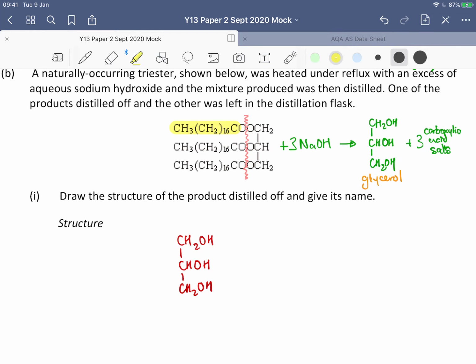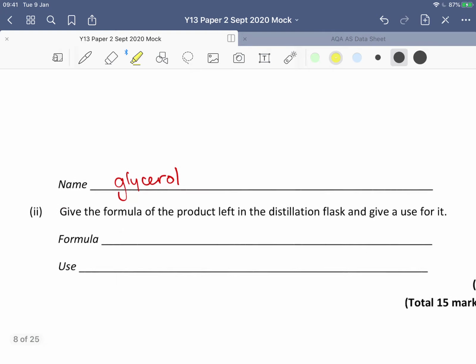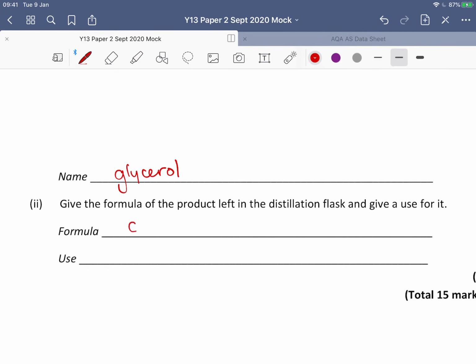You've got to see that CH3 and then 16 CH2s. You've got to remember that. So when we do the formula, it was CH3, CH2, and then there were 16 of them. And then we had our carboxylic acid salt end. And don't forget the Na.